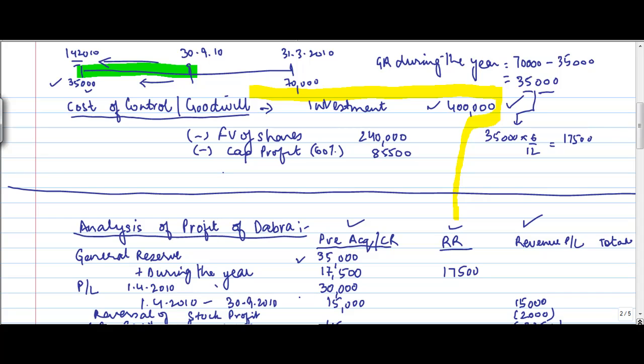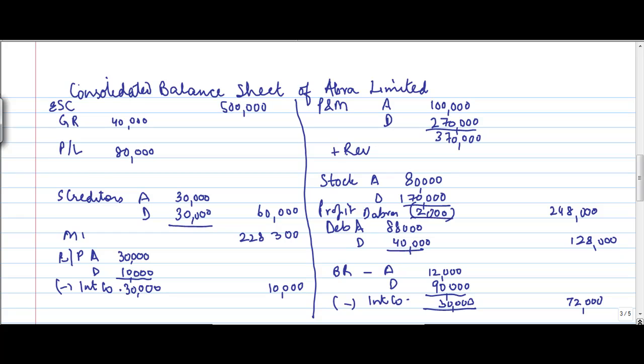Well, let's close these aspects also. This will be 325,500. When you subtract this from 4 lakh, it comes to 74,500. So this is the value of the goodwill. How much is that? 74,500.